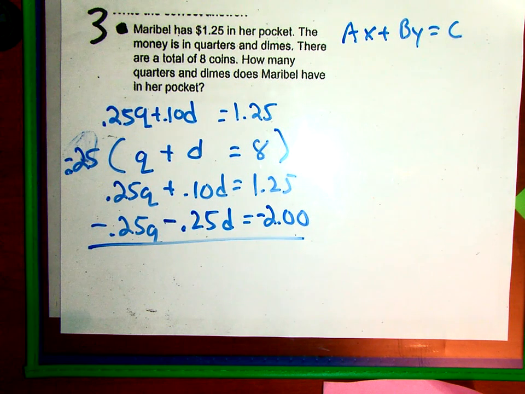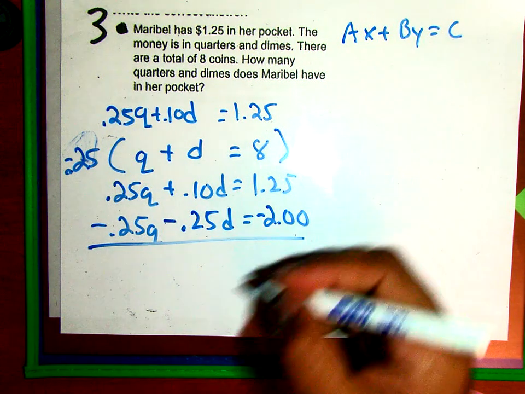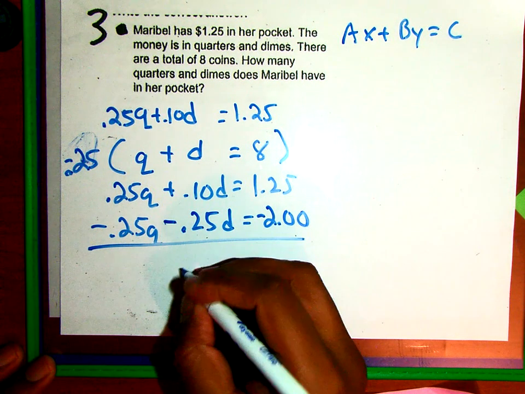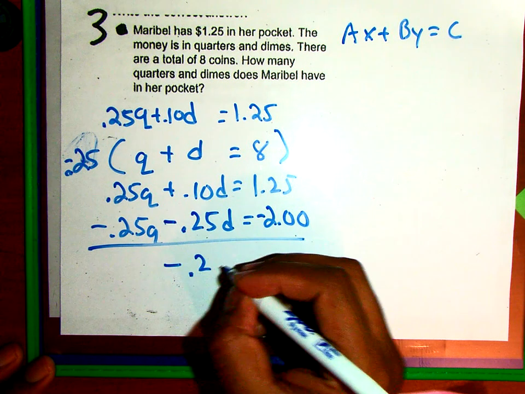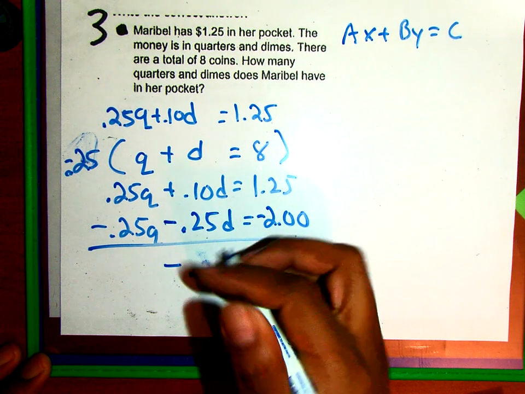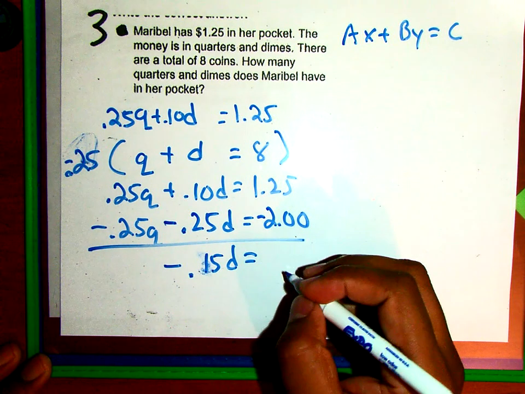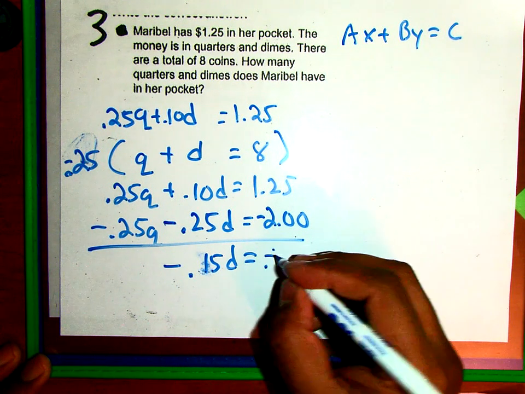All right. And now I'm just going to go ahead and add these together here. And that's going to get me 0 here. And here I'm going to get negative 0.15D. And that's going to be equal to negative 0.75.